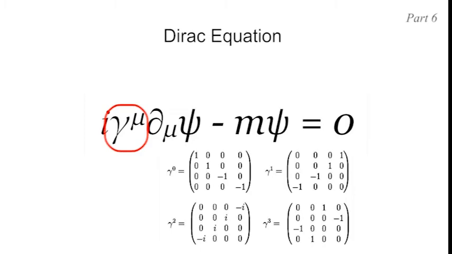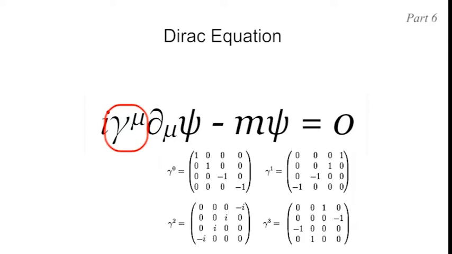Even though these gamma matrices may contain mostly zeros and ones and i's, they have to multiply the four parts of the derivative in a special kind of way. If you've learned about matrices, you'll know what I mean. Otherwise, there's no way really we can understand this quickly, so let's just accept it. Things should come a bit clearer anyway as we move forward.